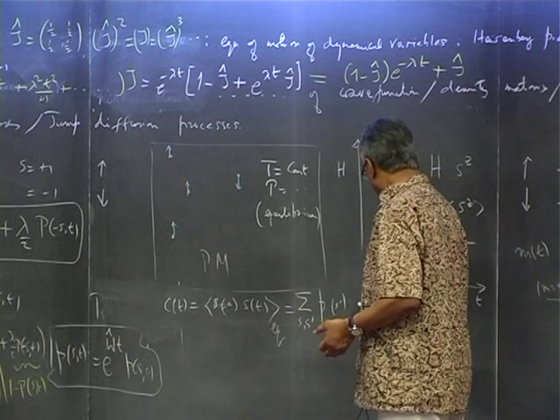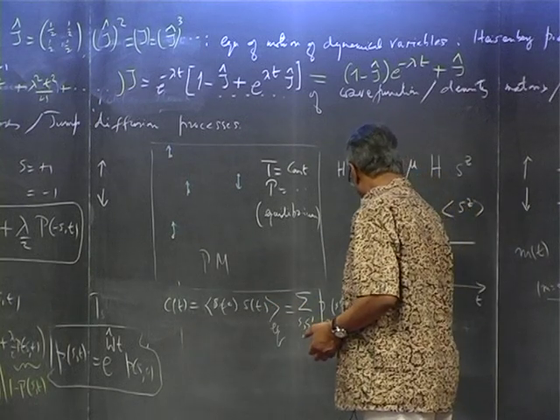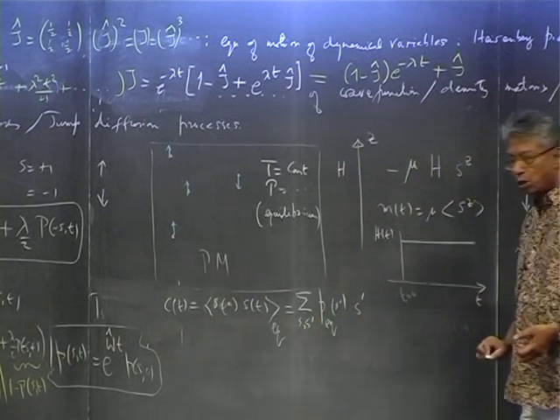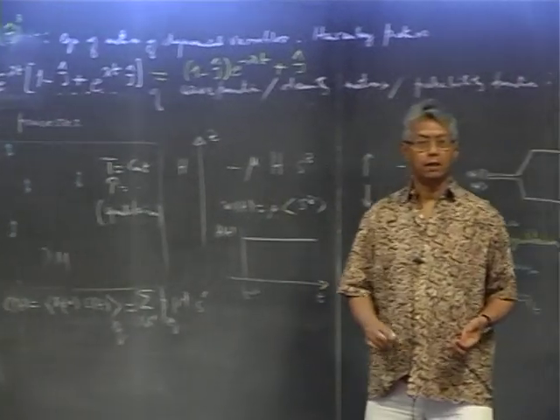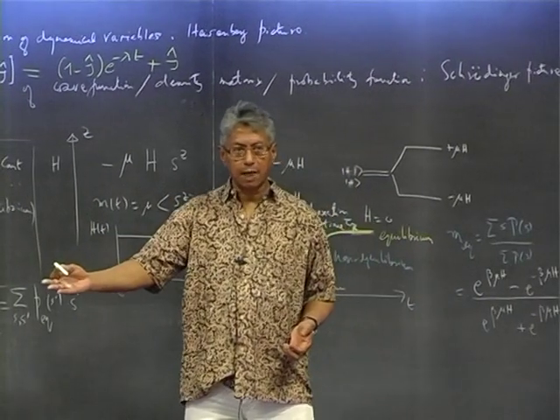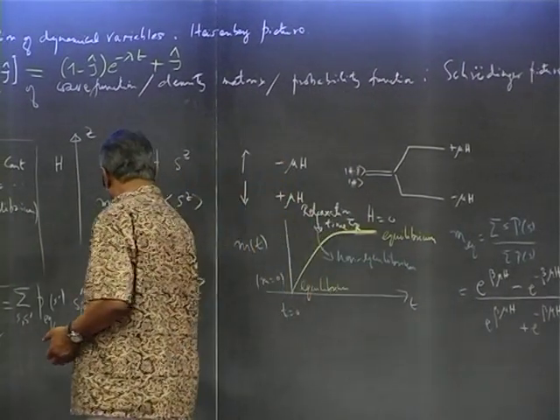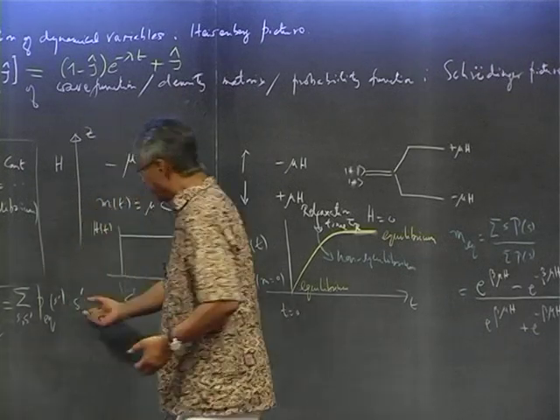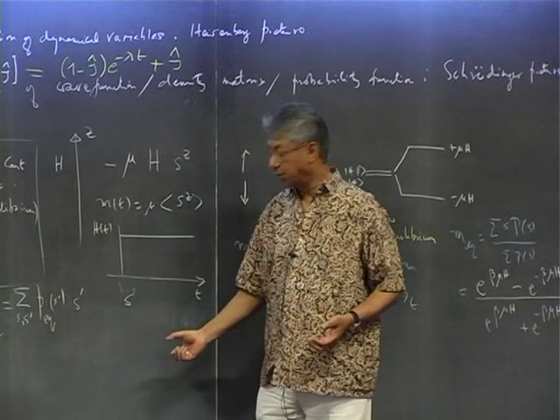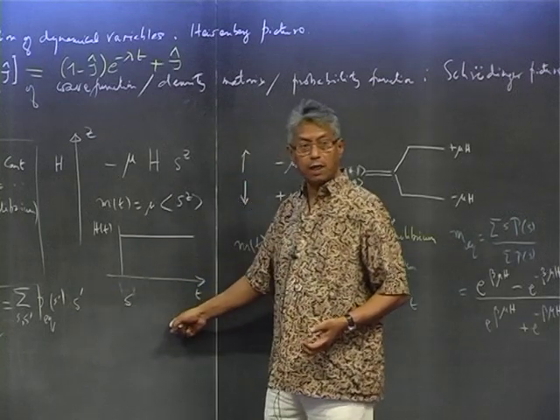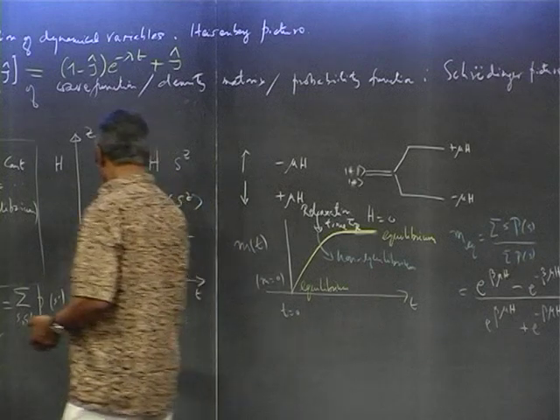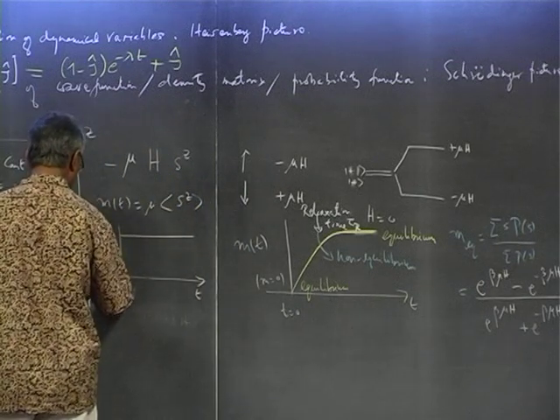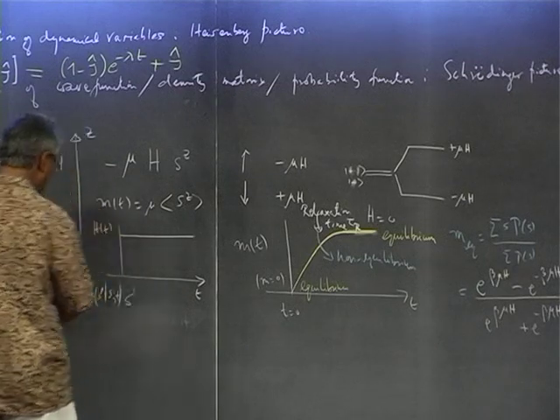It says that given that the spin had the value s prime at time t equal to 0, what is the probability that I will have the value s at a time t, and so I need to propagate. I need a propagator going from s prime to s. That is often written as P of s prime s semicolon t.